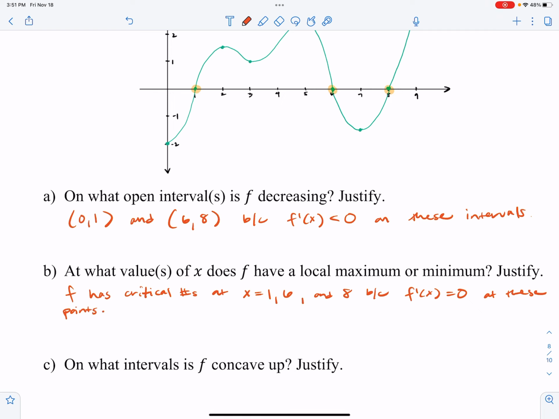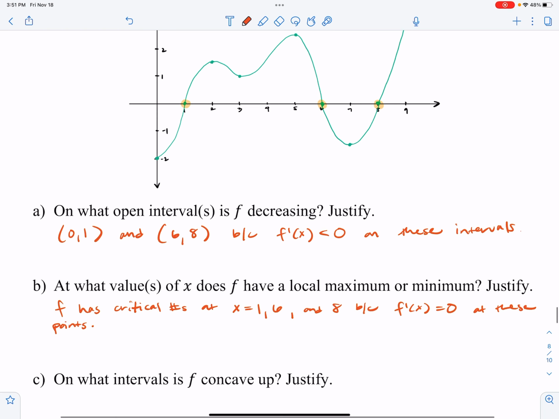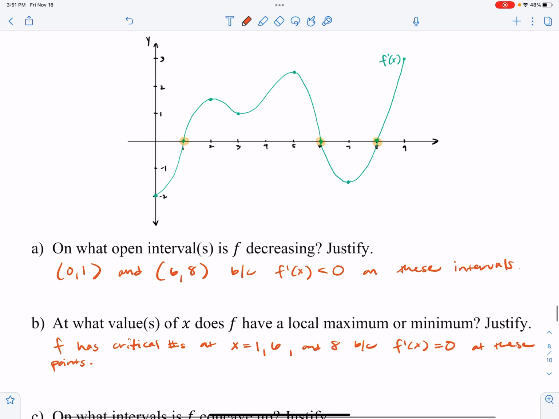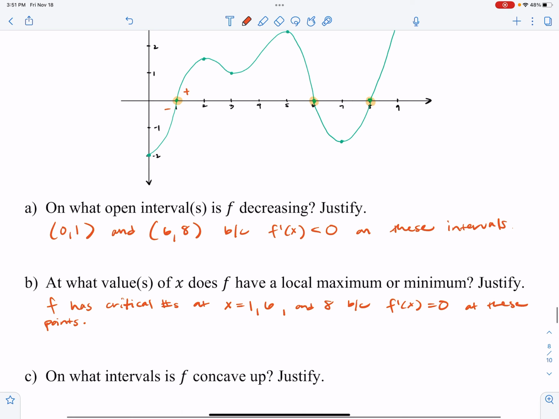Or at these values. And it looks like f prime changes from negative to positive at x equals 1, which means f would change from decreasing to increasing and would indicate a local minimum.